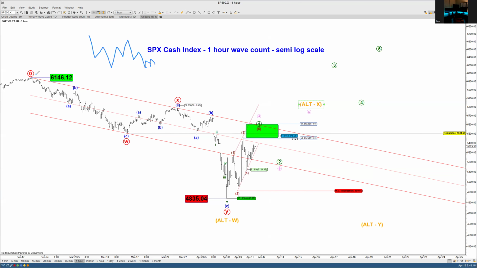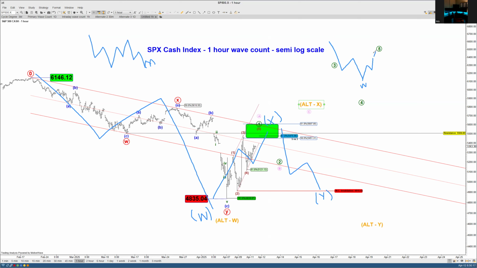Any stock that is a big volume, high beta stock, when you have an extended W after a three connector X, you can have a shorter Y. If you have a shorter W, that's when you get the extended Y. It's either or.